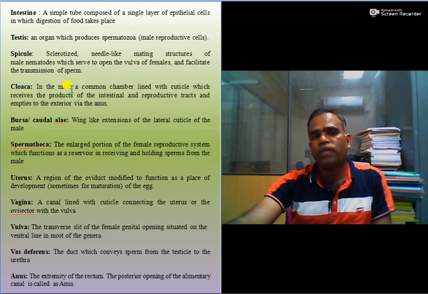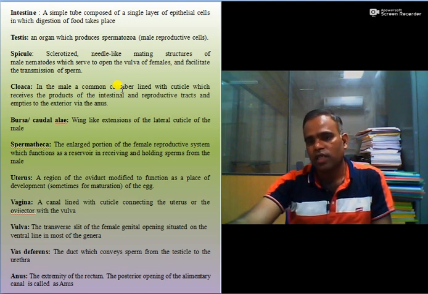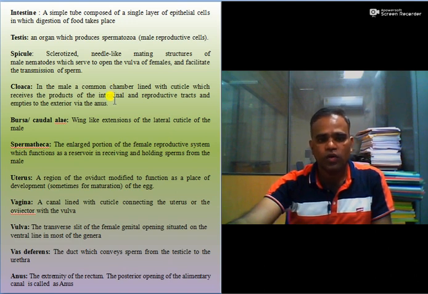Cloaca, in the male, a common chamber is present for the opening of the reproductive system as well as the digestive system, and it opens to the exterior via the anus, so it is called the cloaca. Then the bursa or caudal alae.